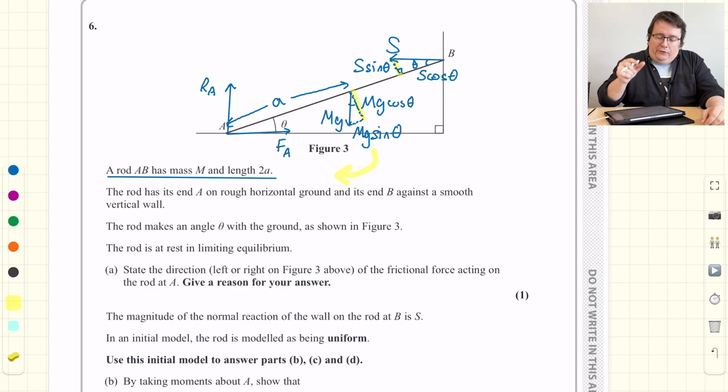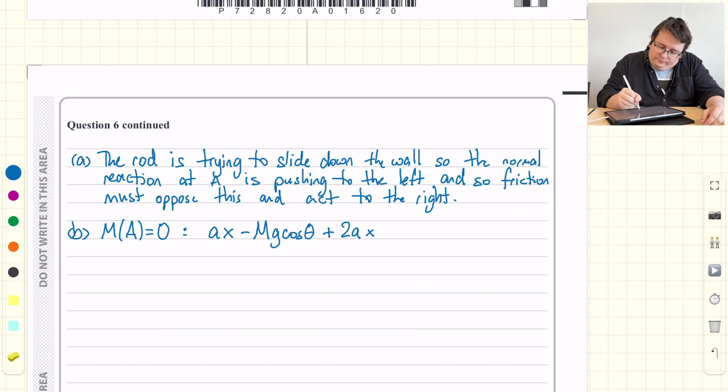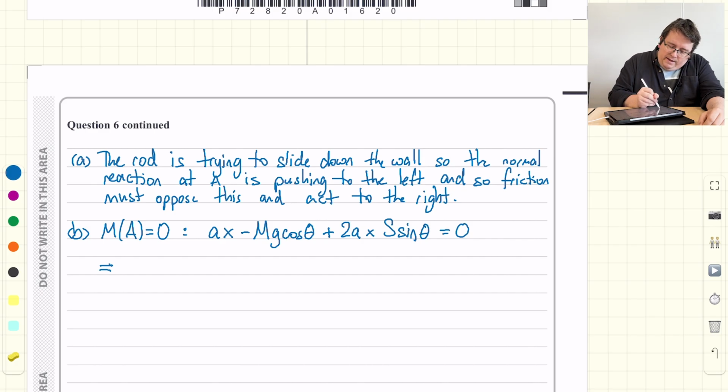So, s sine theta, that's going to be travelling around in an anti-clockwise motion, so that would be positive. And that's going to be equal to 0. So we can divide through by a and rearrange this slightly and have 2s sine theta is equal to mg cosine theta.